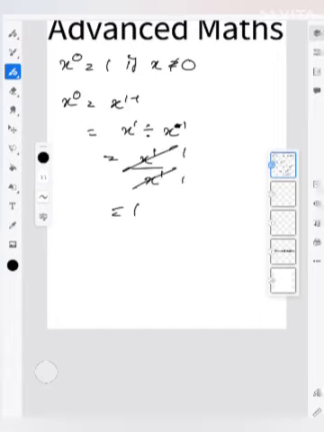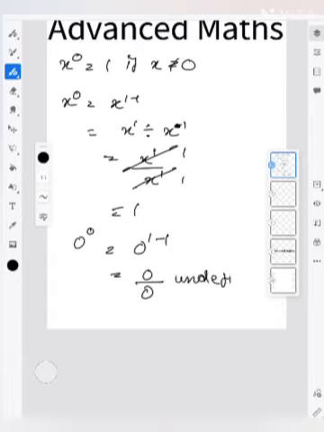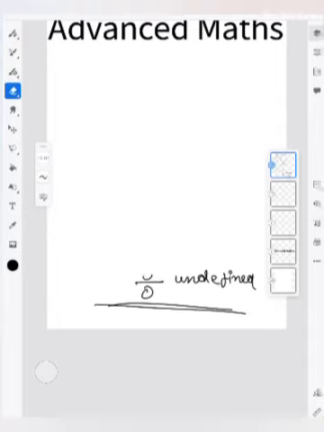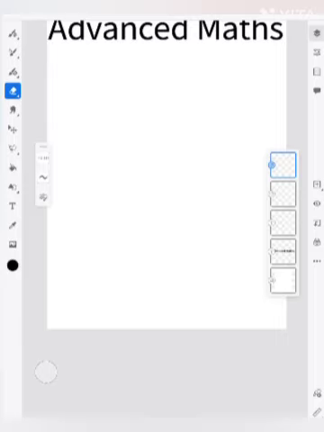We cut both of them to get what? It cancels out to have 1. Why not 0? If x was 0, then x to the power 1 divided by 0 does not make sense. Undefined. That is why it is always that x to the power 0 is equal to 1 if x is not equal to 0. And you can prove the other identities by yourself.